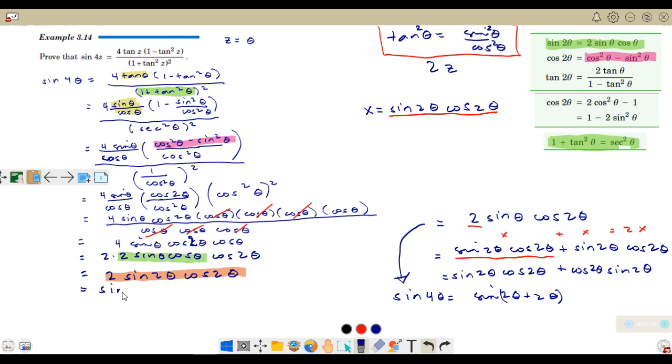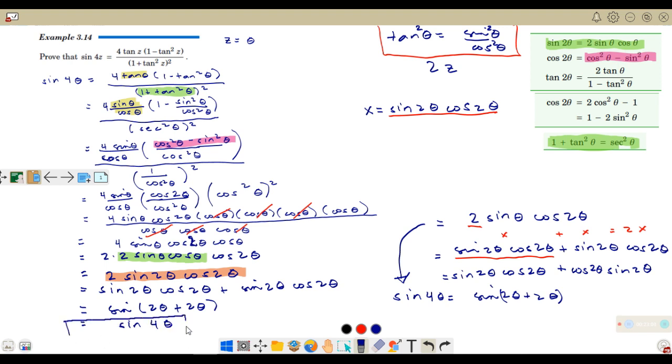So, this is sin 2 theta cosine 2 theta, plus sin 2 theta cosine 2 theta, which is equal to sin 2 theta plus 2 theta, which is equal to sin 4 theta.